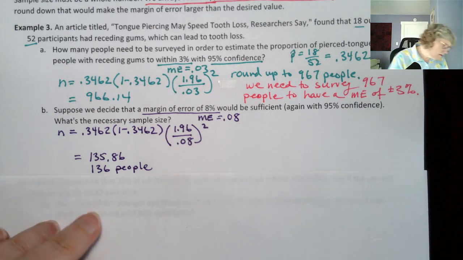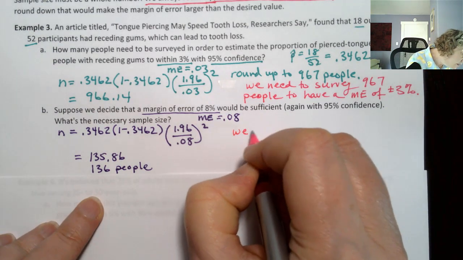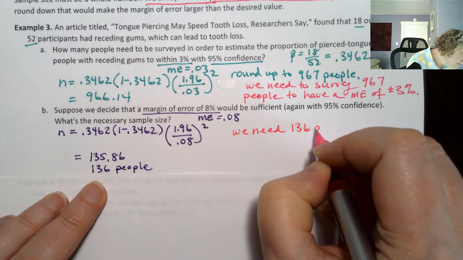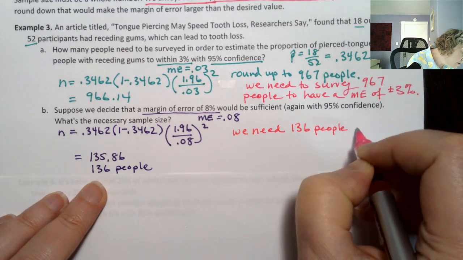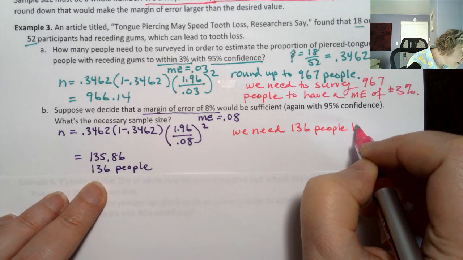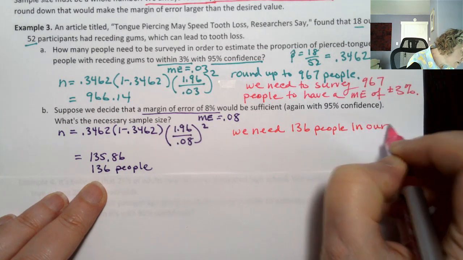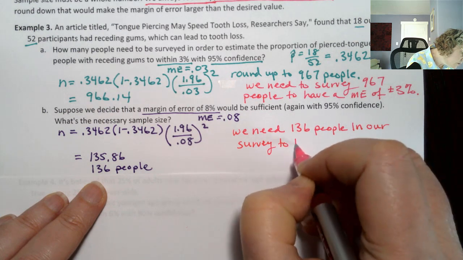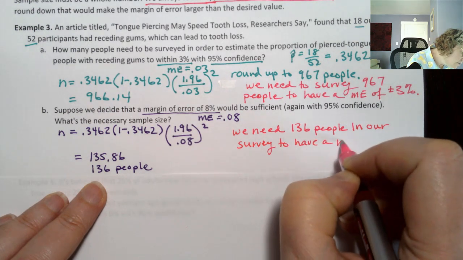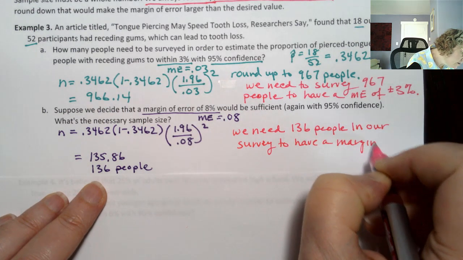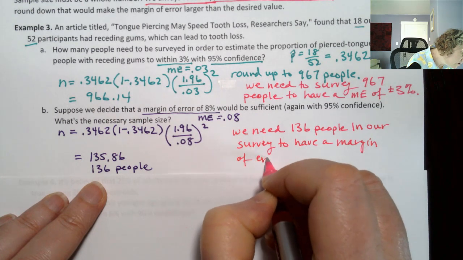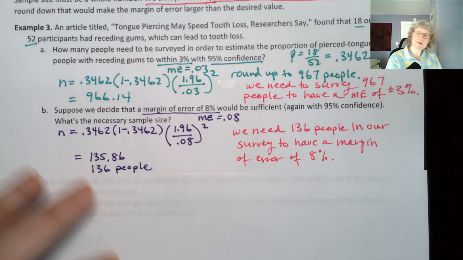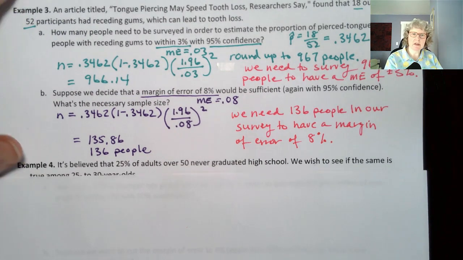Okay, so to answer this one, we need 136 people in our survey to have a margin of error of 8%. Okay, so write that out in a slightly different way.